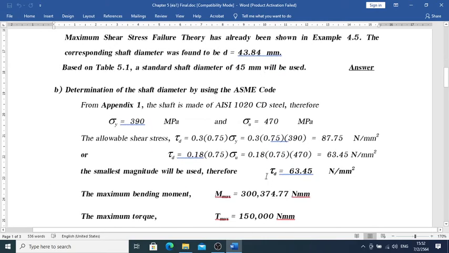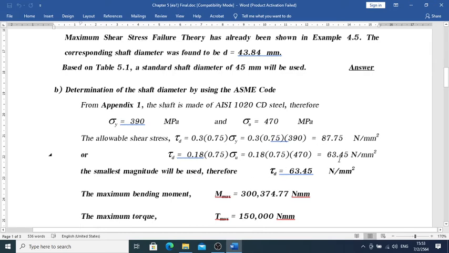And then let's see the math of ASME very shortly. We have steel, right? So therefore we got 1020 CD steel, we got sigma Y and sigma U respectively. Of course we have a keyway, so therefore we have a tau design of 87.75, tau design of 63.45, and then we take the smallest one.